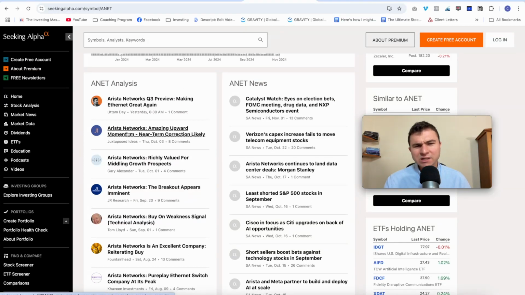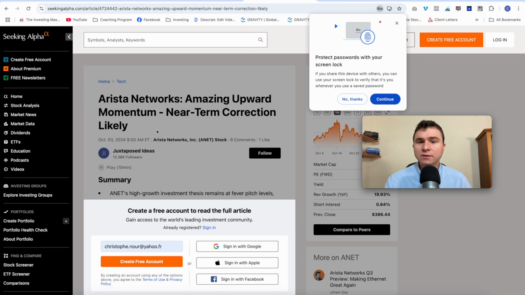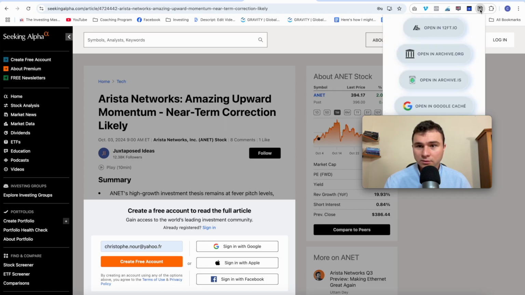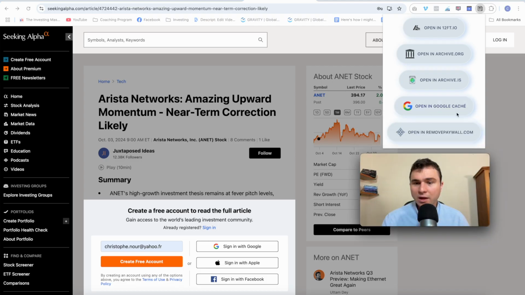Okay, Arista Networks, amazing upward momentum, near-term correction likely. Okay, let's read the document. Oh no, you can't. There is a paywall, but you can still read the document with a Chrome extension. This is here. RemovePaywall.com.